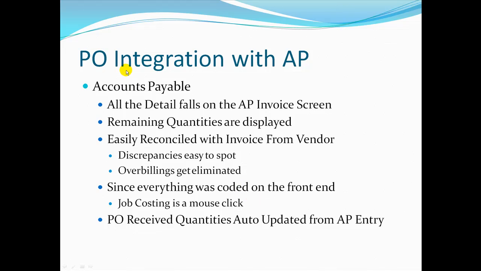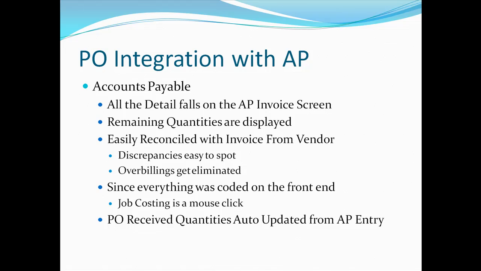You'll notice that when we start using the system that you're going to have some nice integration with AP. So if I'm going to enter an invoice into Sage 100, the AP screen, once I put in the PO number, will have all of the detail for all of the items that were on the PO with the remaining quantities.